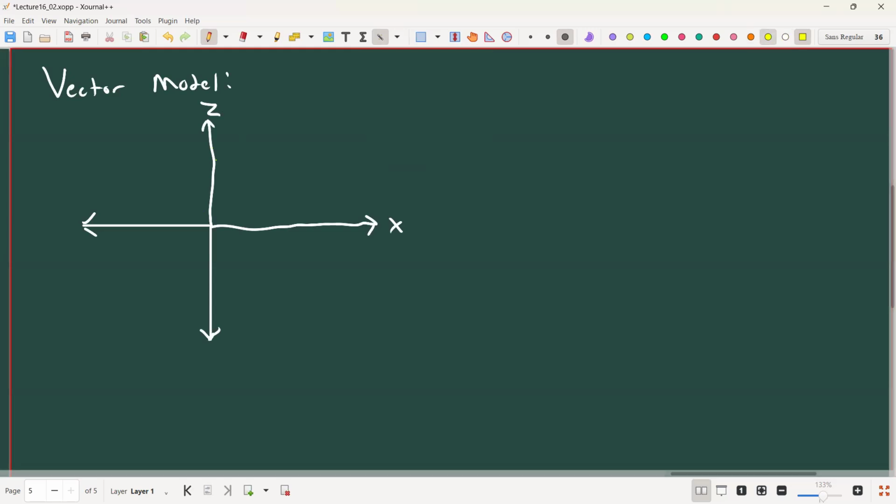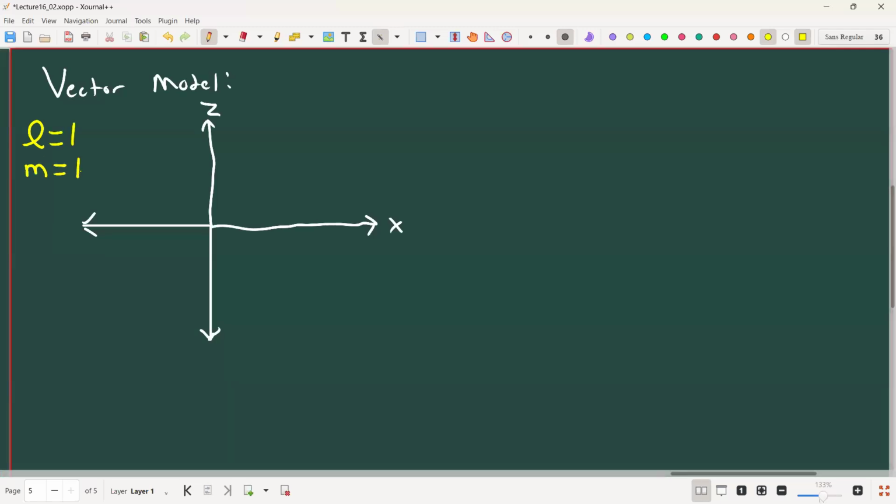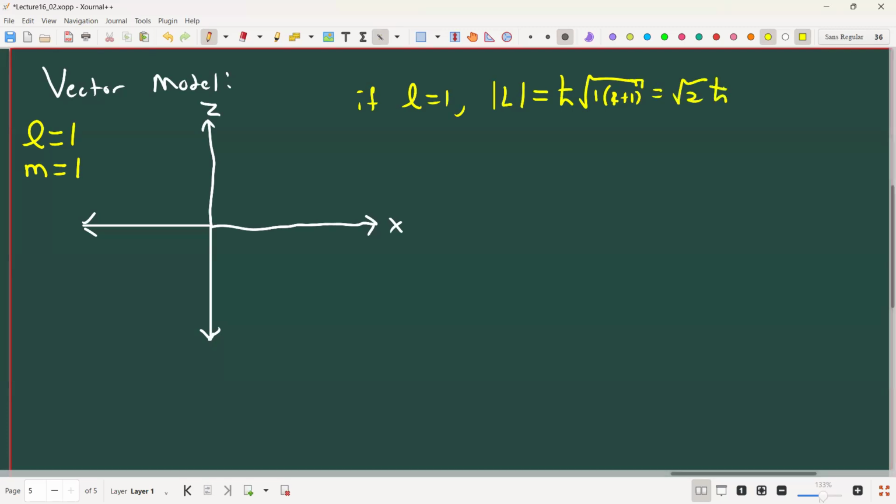Right, and let's say, for instance, I choose a state, L equals 1 and M equals 1. So if L is equal to 1, then the length of the vector is h bar times the square root of 1 plus 1, which is root 2 h bar.